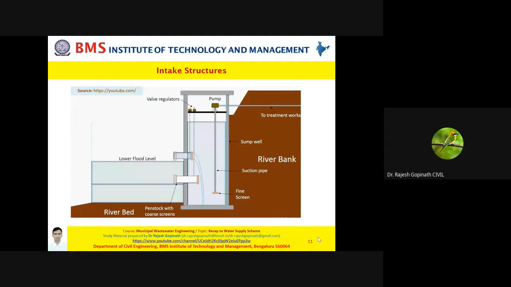So typically, an intake structure would have screens, fine screen and coarse screen. The objective is, when the water is entering the intake structure, these floating matters must not be present. And then the water is transported via pipelines, closed conduits, most probably closed conduits, to a treatment plant.